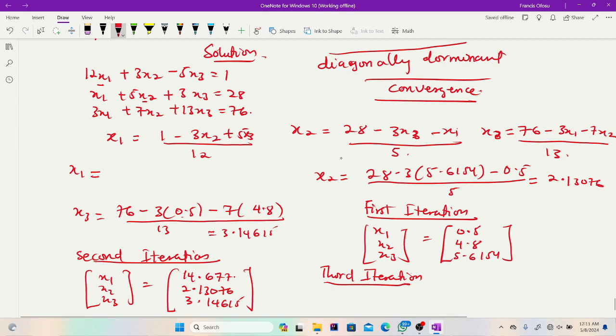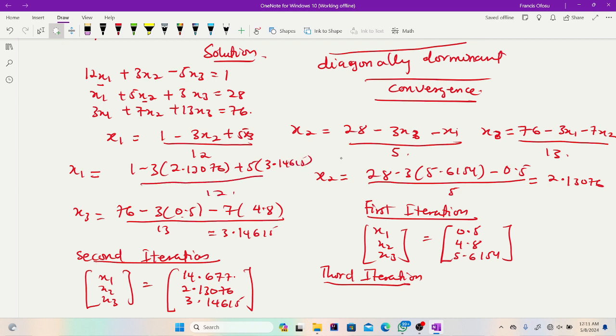For x1, I'm going to get 1 minus 3 open bracket, my x2 now is 2.13076, plus 5 multiplying my x3 result 3.14615, all over 12. And what am I getting for this?